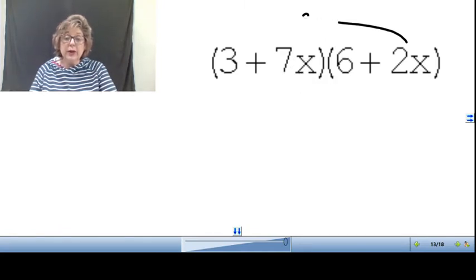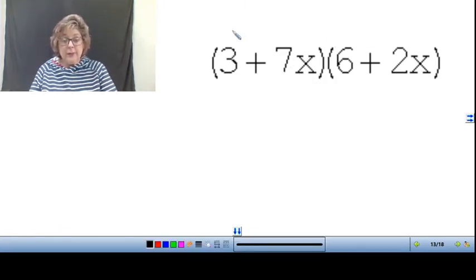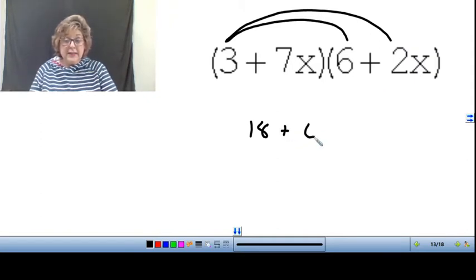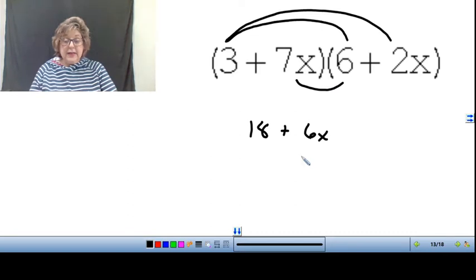So if we're doing FOIL, the first thing I'm going to do now is multiply the 3 times the 6. Well, 3 times 6 is 18. Then I'm going to multiply 3 times 2x. So that's going to be plus 3 times 2x is 6x. Then the 7x times 6, well, 7 times 6 is 42x.